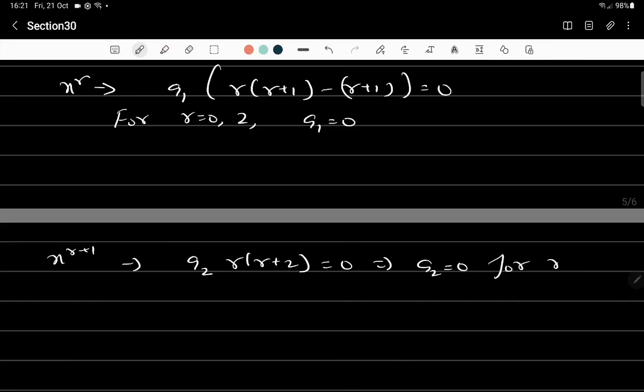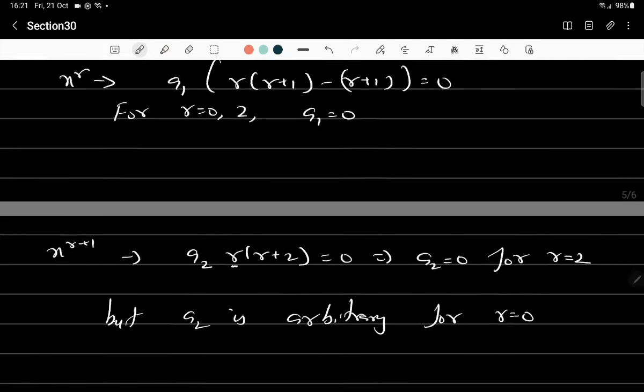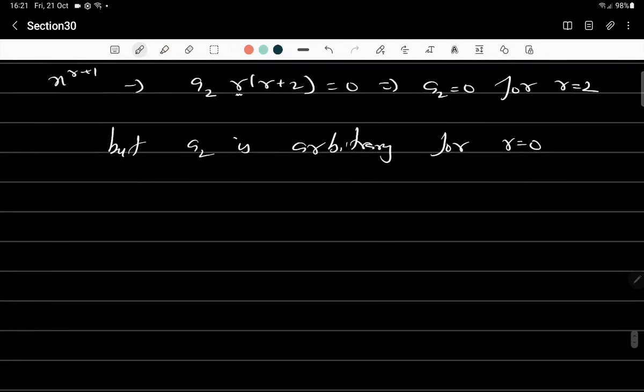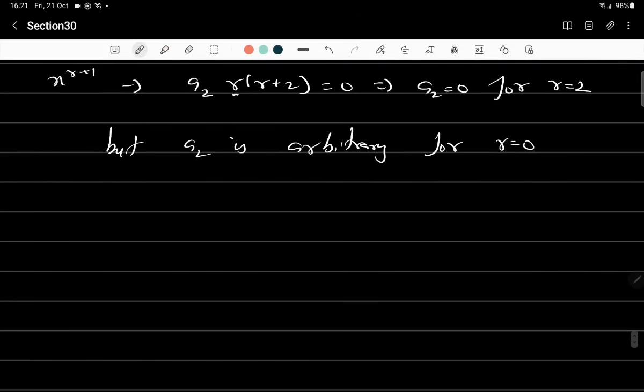x raised to the power r minus 1 gives us a0. So I need the coefficients of x raised to the power r, x raised to the power r plus 1 and x raised to the power r plus 2. So equating coefficients of x^r, x^(r+1) and x^(r+2) to 0, see what we are getting.